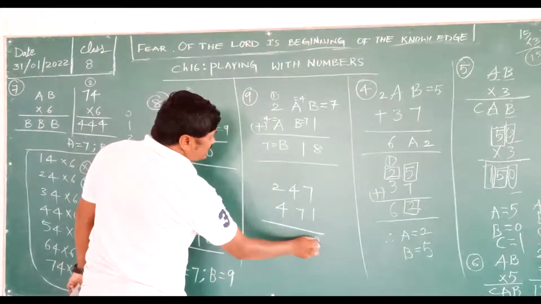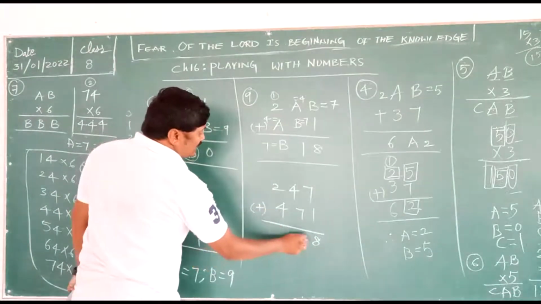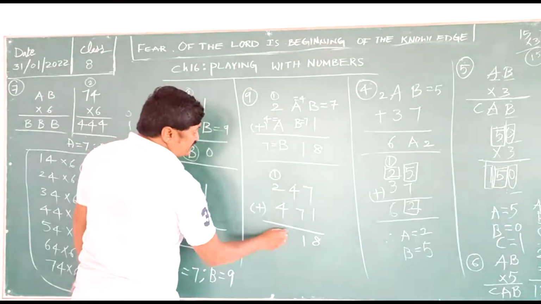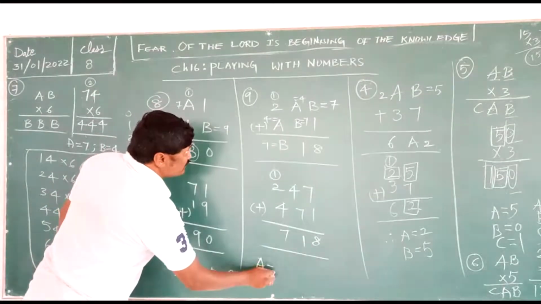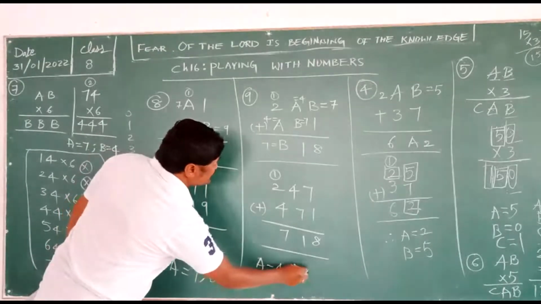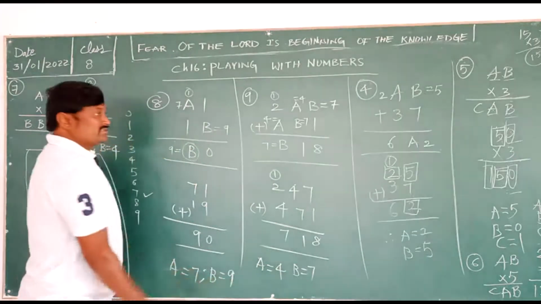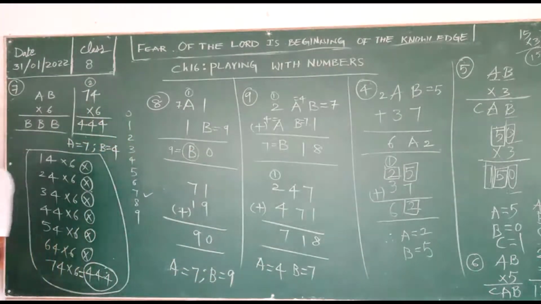You are going to get 8 and 11 and this is going to be 7. So at last A is equal to 4, B is equal to 7. Whoever wrote that, that is your correct answer.